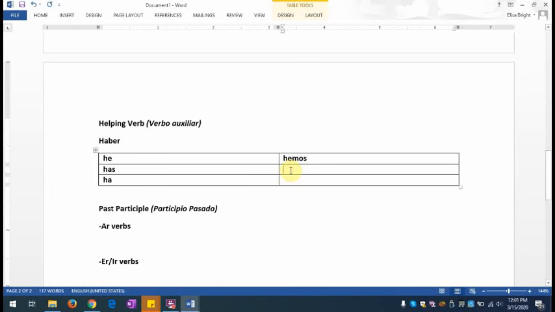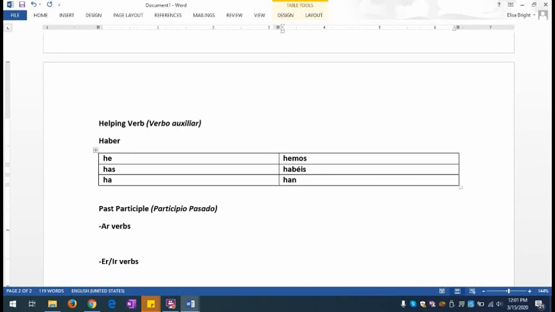And then y'all have for our vosotros, Spain only. Habéis, habéis, everyone. And they have, or you all have, ustedes have, han. Repitan, han. And now here we go. He, has, ha, hemos, habéis, han. That pause was for you to say it.